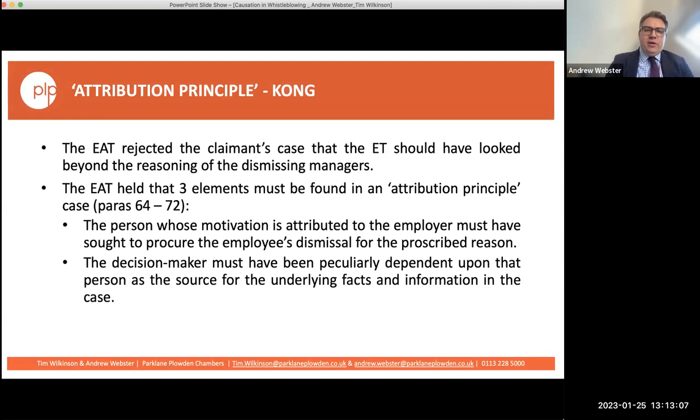Tim has given you some of the facts of that case, which are germane to the separability principle, some of which are equally relevant here, but I just want to reiterate a few points for the purpose of understanding the judgment. So as Tim has said, the claimant had an argument with the head of legal, a lady called Miss Harding, in which the claimant questioned Miss Harding's professional awareness, and there was a view, certainly one taken by Miss Harding, that her integrity was also being questioned.